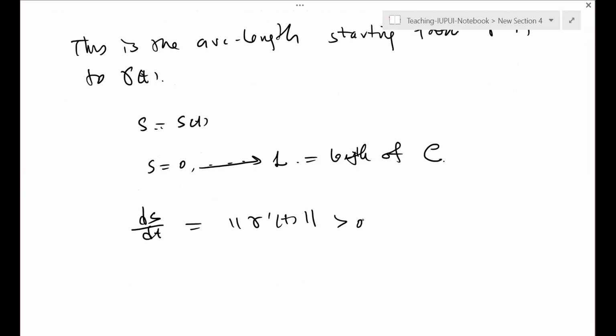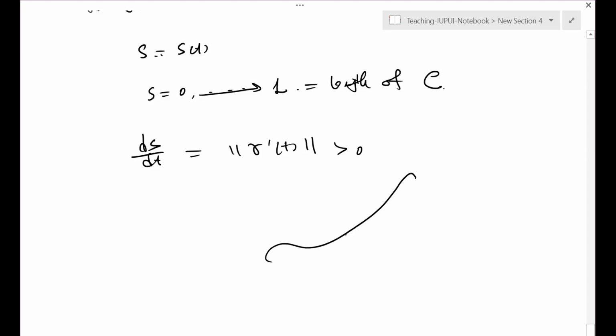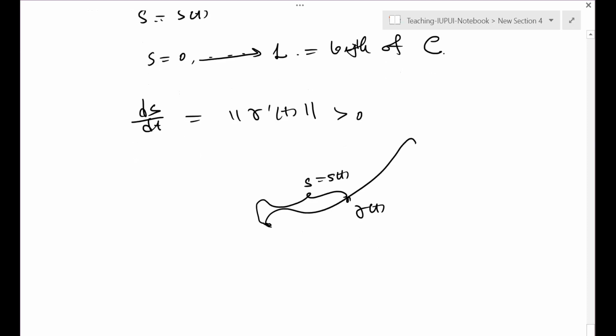Right, so this is an increasing function, right? It just measures length. The geometric meaning is very clear. This is gamma T, and from here to here, depending on the function T, it's the length.